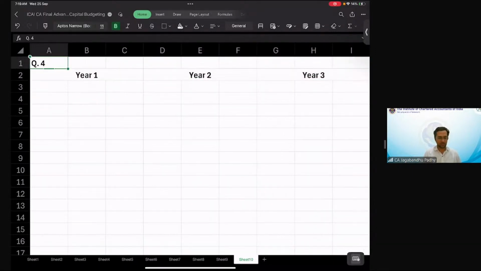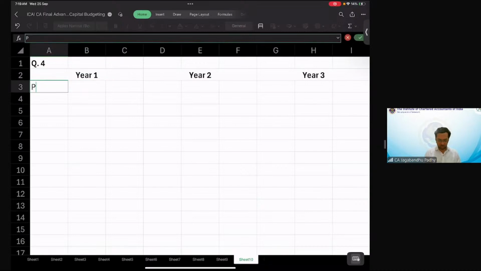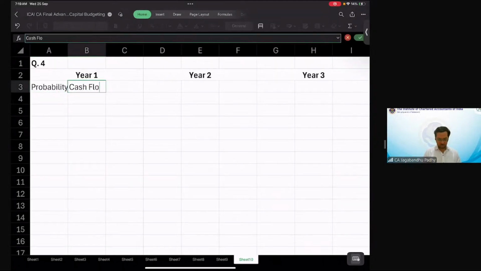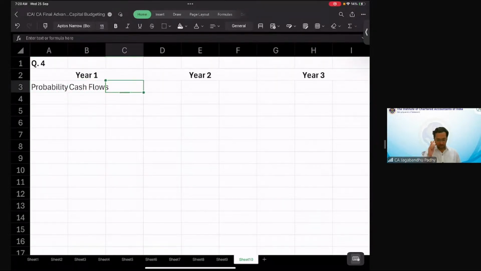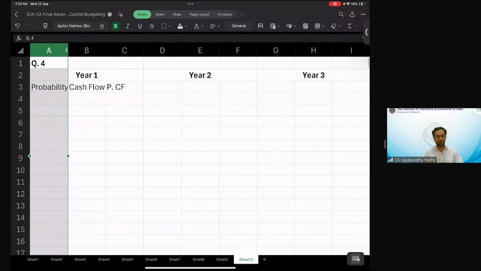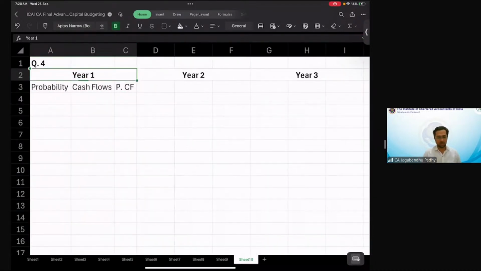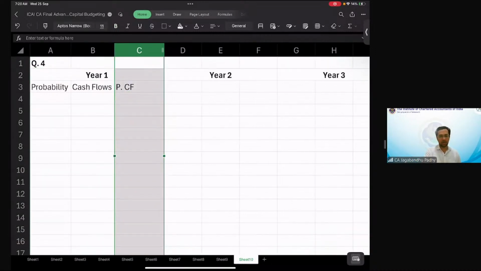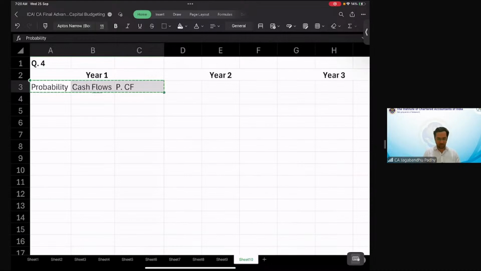For each of these cases, we are going to look at the probability numbers, then the cash flows, and then finally probability multiplied by cash flow. So we are calculating cash flow for each of the respective years.